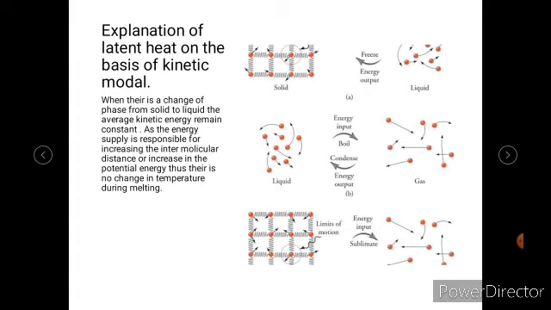So the average kinetic energy is the same, meaning there will not be any change in temperature. Similarly, this one is a solid and this is a liquid. In latent heat there is no change in temperature, because the average kinetic energy during this stage remains the same. That is why there does not show any change in temperature.